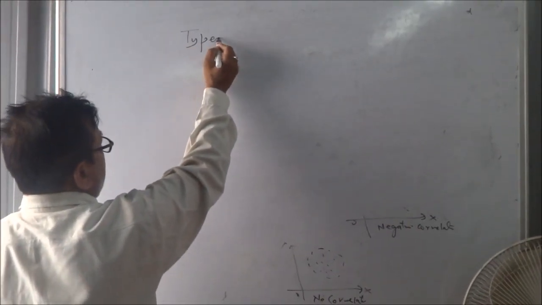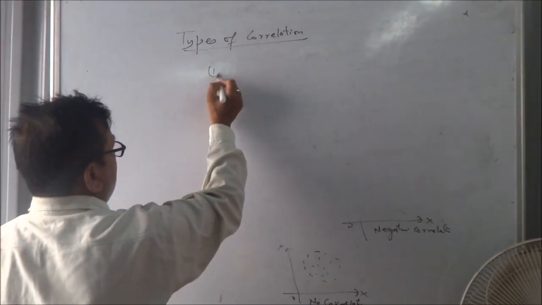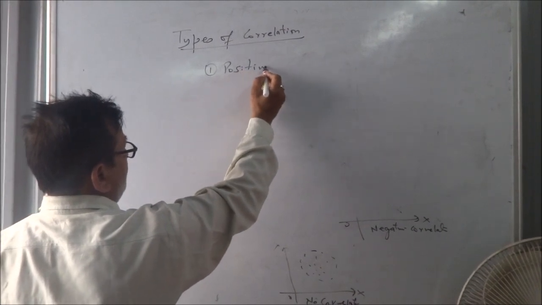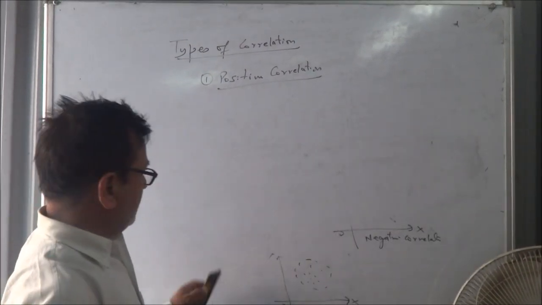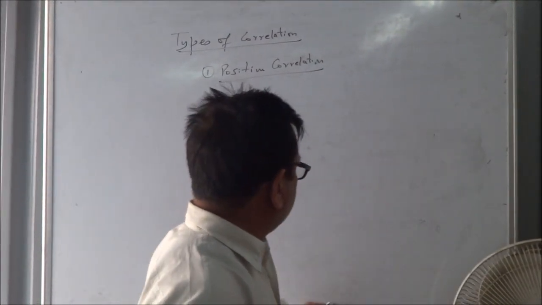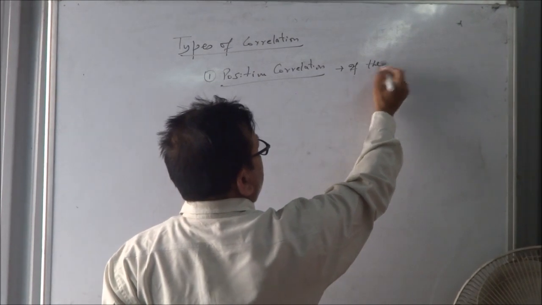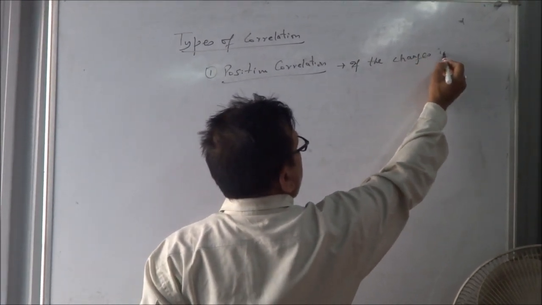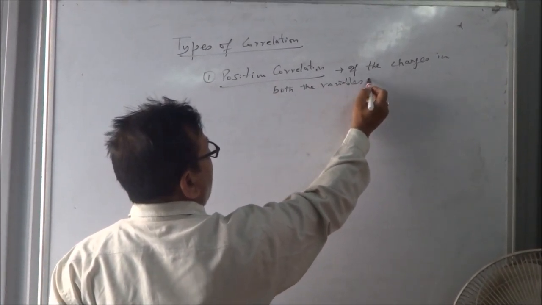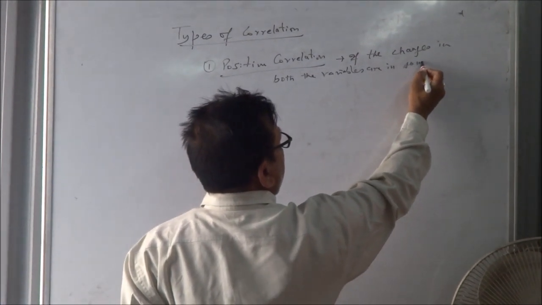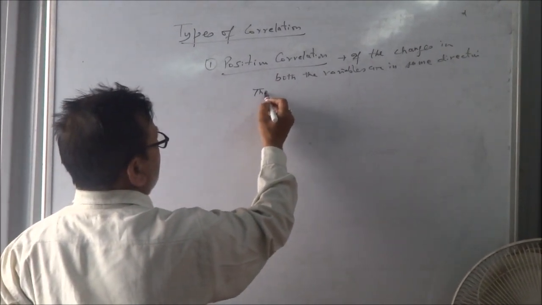Types of correlations. The first type is positive correlation. If the changes in both the variables are in the same direction, then it is positive correlation.